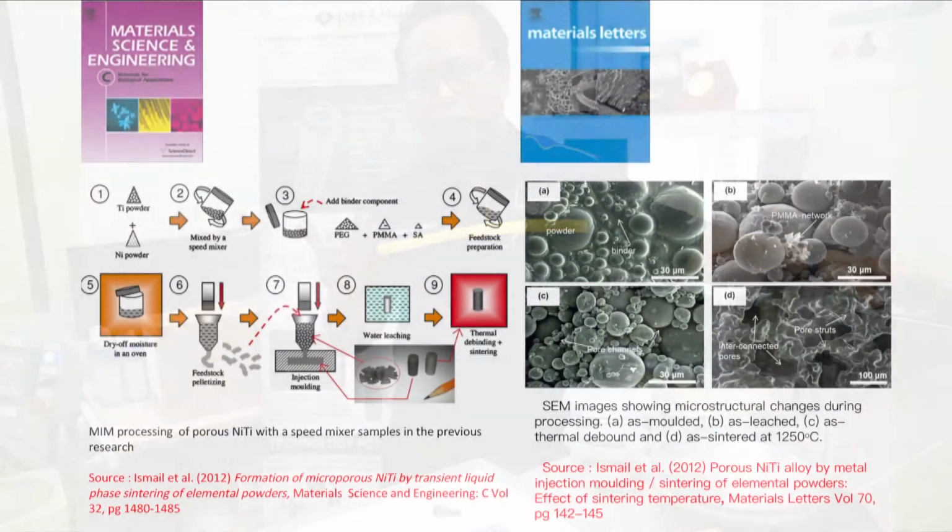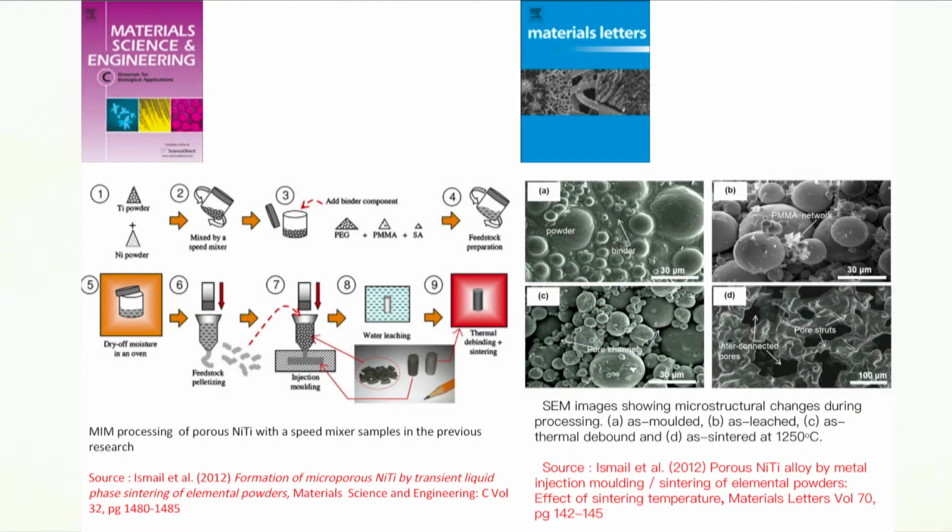Basically, the process of metal injection molding comprises at least 5 stages. The first one is mixing. In this case, we blend the metal powders of nickel and titanium, followed by mixing with the binders, and then after pelletizing, we proceed with injection molding to get the desired shape.